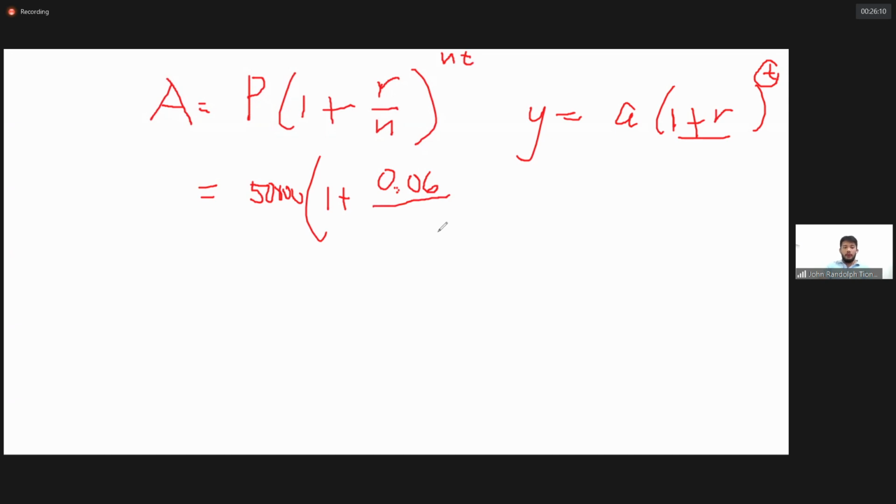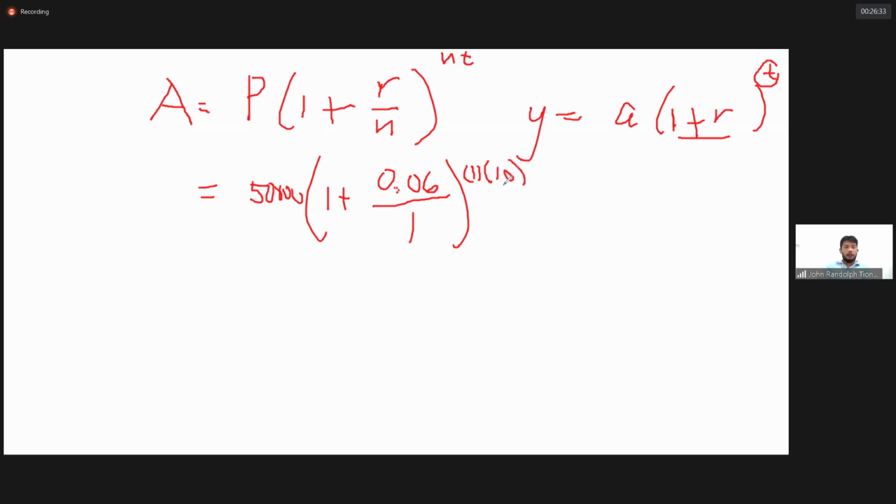Based on the problem, what is our n here? It says compounded yearly, so n is the period per year. So that's 1, per year. Times, our n is 1 also. And then what is our t here? After 10 years, so 1 times 10.